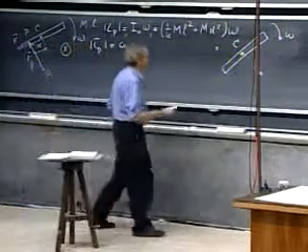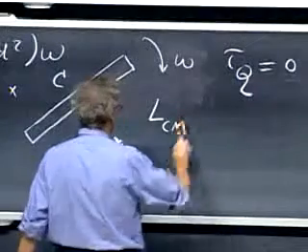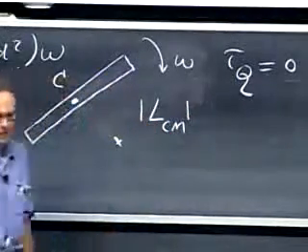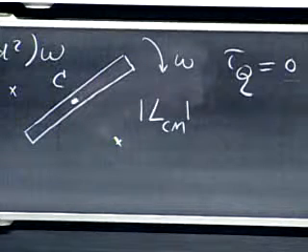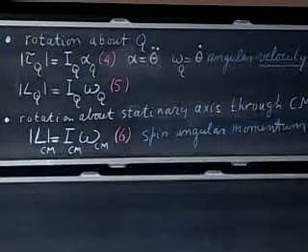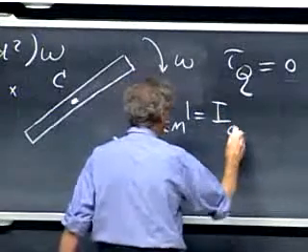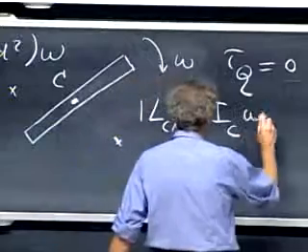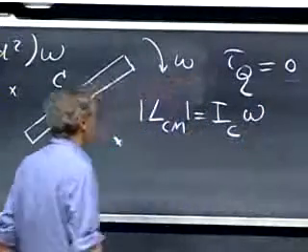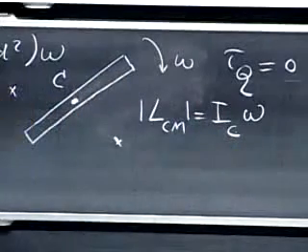And if you want to know how large it is, well, the magnitude of the angular momentum I calculated about C, which is the center of mass, is simply equation number 6: the moment of inertia about that point C, the center of mass, times omega about the center of mass. So C, M, center of mass, and C are the same point.